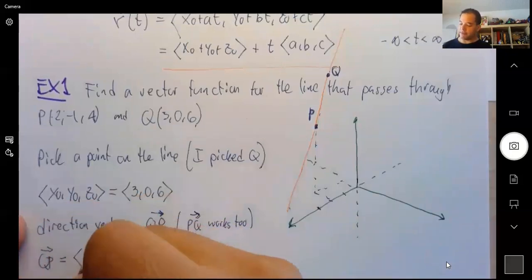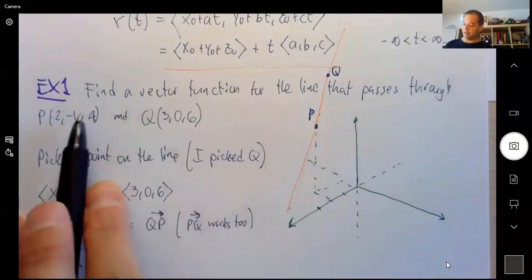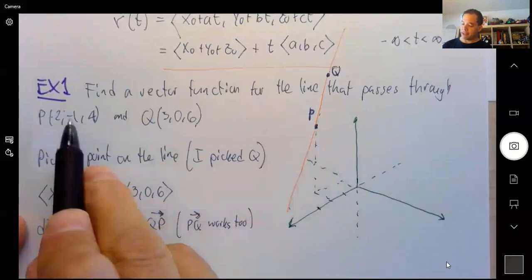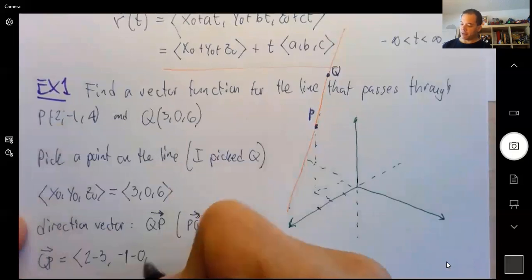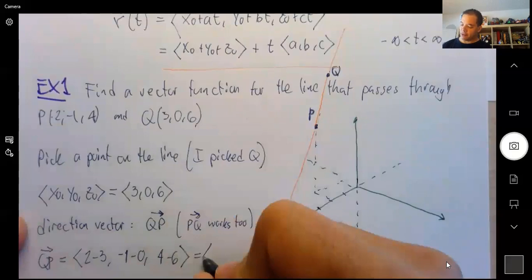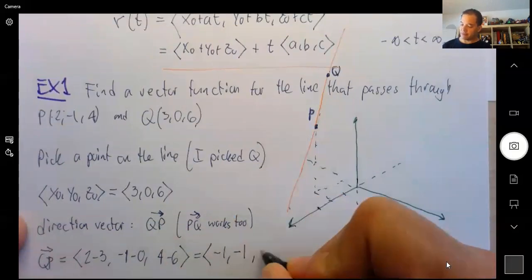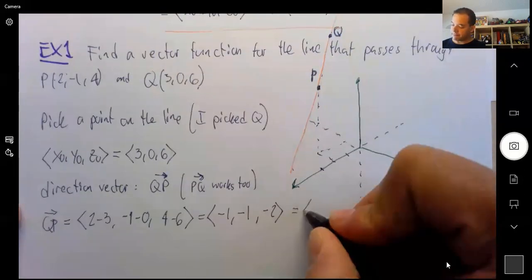QP is, remember, we do the head minus the tail. So it's 2 minus 3, -1 minus 0, 4 minus 6. So this is -1, -1, -2. All right? Well, that's a, b, c.